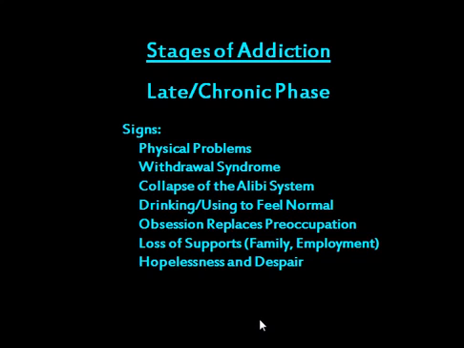They may drink or use over-the-counter medications or eat or do some other substance abusing behavior just in order to feel normal. Not to feel good, but just in order to not feel bad and in order to be able to function. And then the obsession of codependency replaces the preoccupation as well. Families can give up on the codependent.